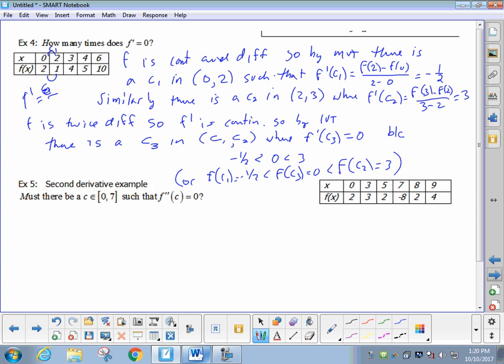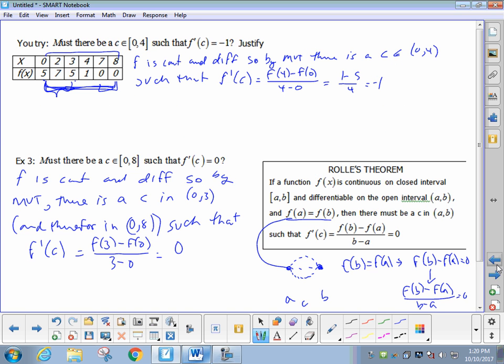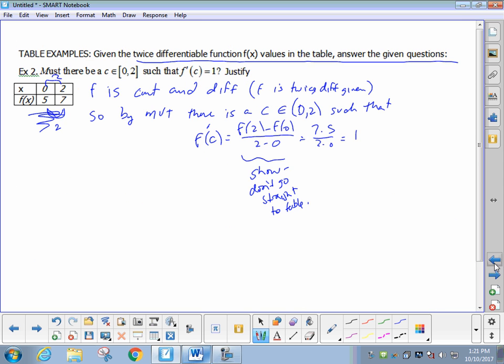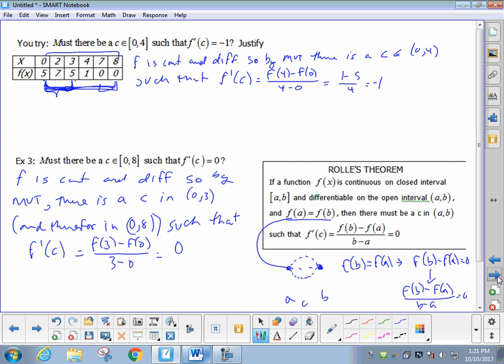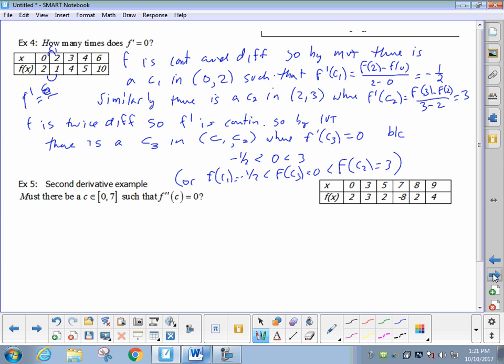Okay, so rather than MVT, MVT, IVT, we just talked about how it's awesome when there's two y values that are the same, because then the average rate of change is 0, right? He's saying, could you say there's got to be a place in here where f is 2 by IVT?